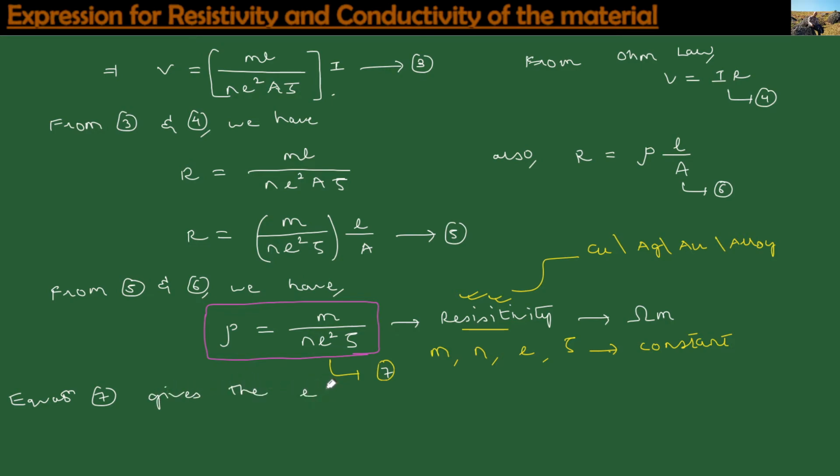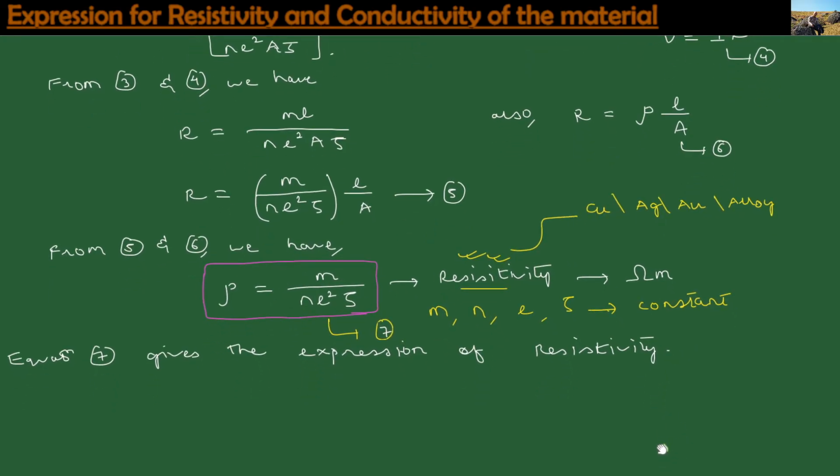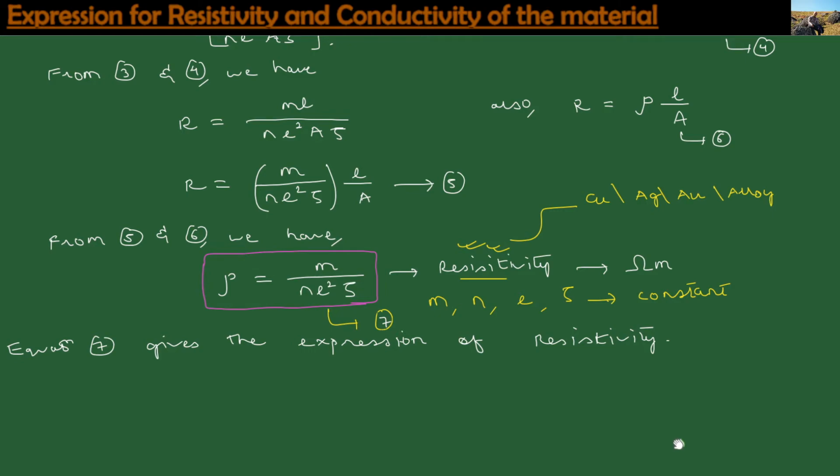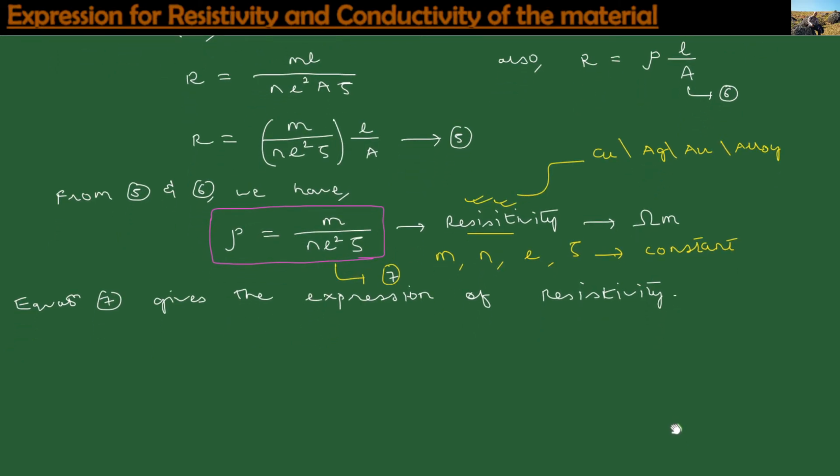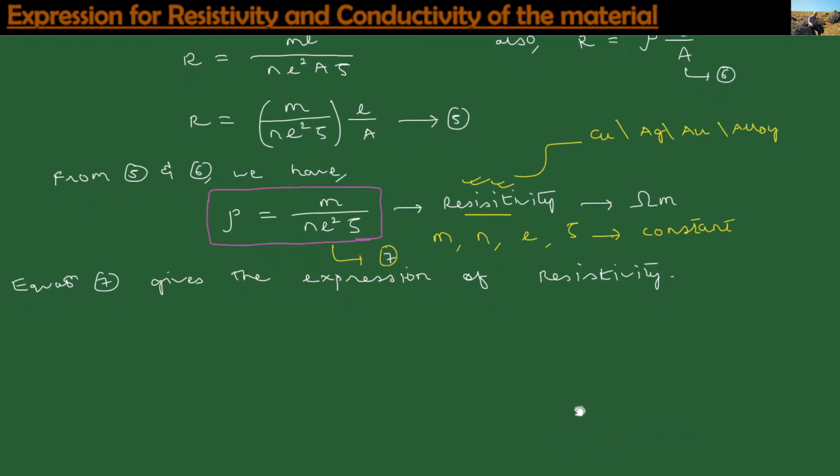When we talk about resistivity, it is the factor that opposes, resists or obstructs the movement of charges inside the conductor.